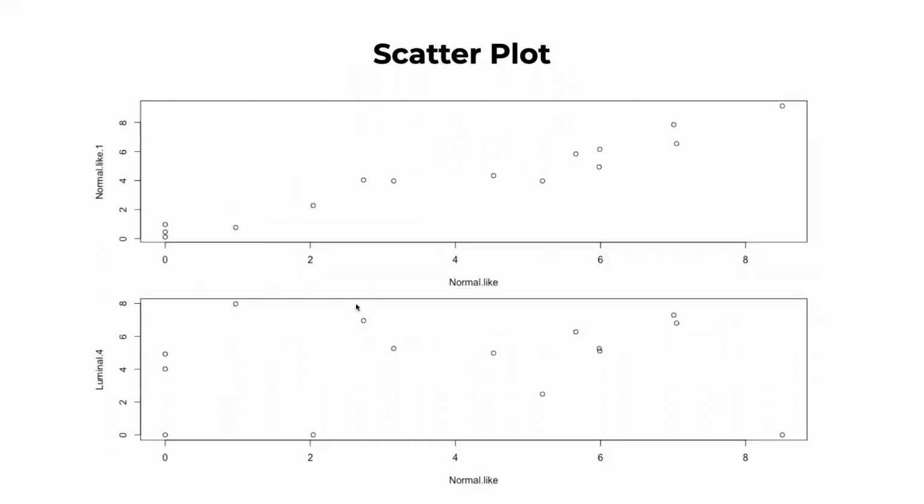Now, we also did correlation by checking whether the samples from the same type, for example, normal-like versus normal-like, or luminal versus normal-like, not the same type, whether they correlate. So do you think that these two normal-like samples are good replicates to represent this normal-like condition?